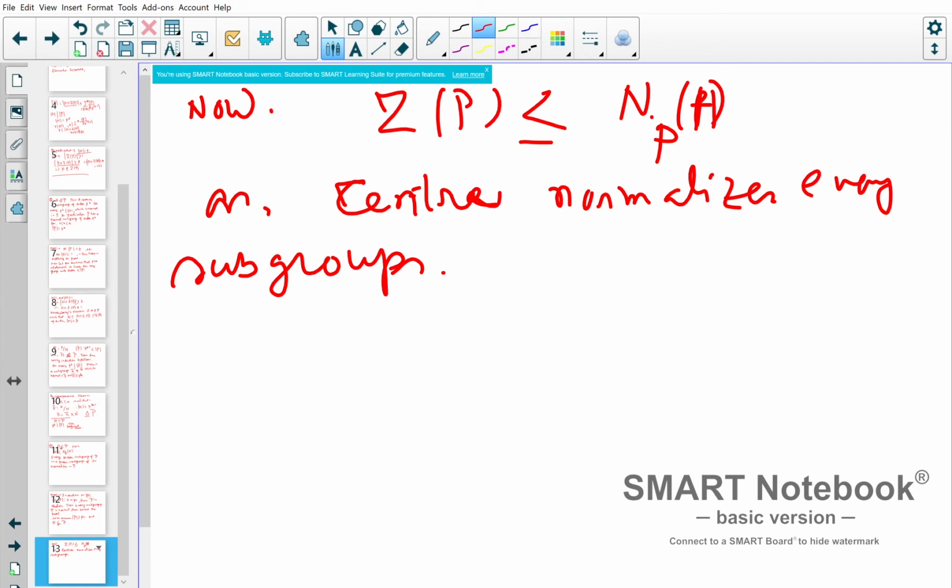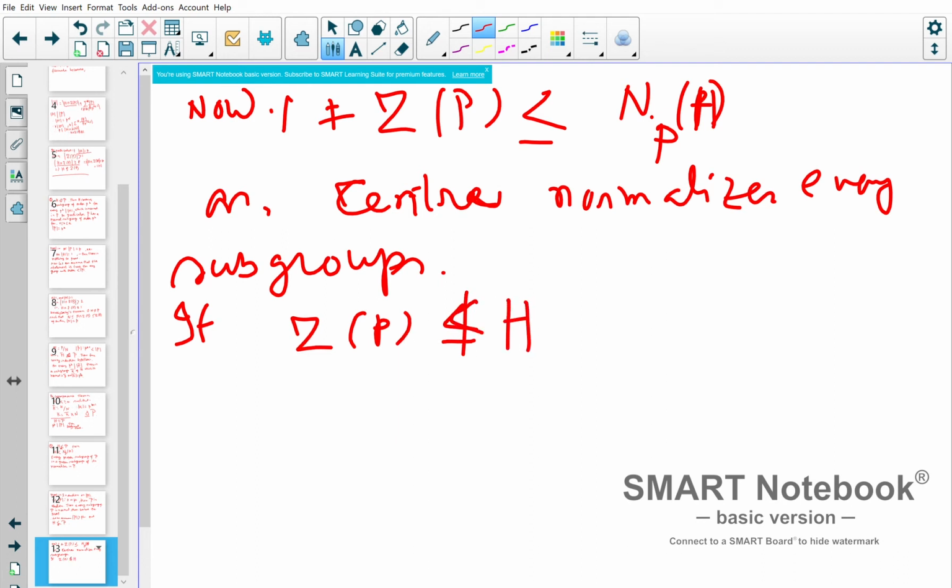Also, you know that the center is non-trivial, so you have a non-trivial center sitting inside this. Now there are two cases. The center may not be contained in H. Then what happens? If the center is not inside H, then what happens?